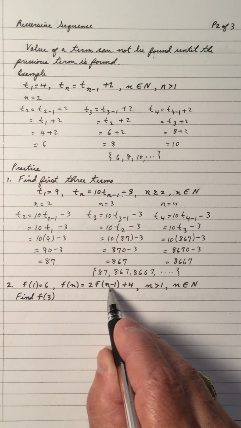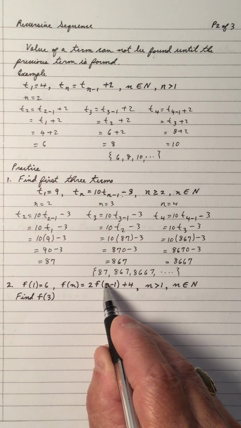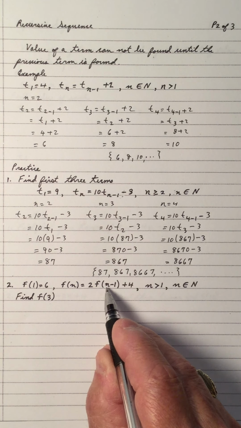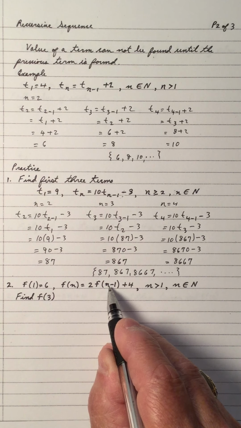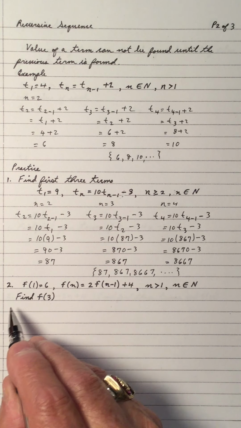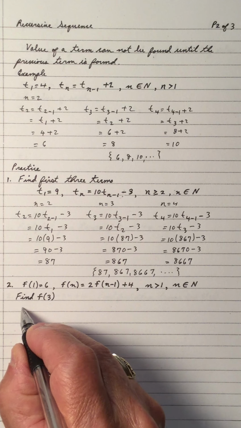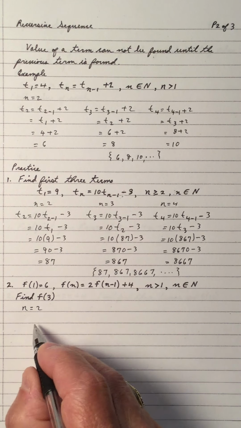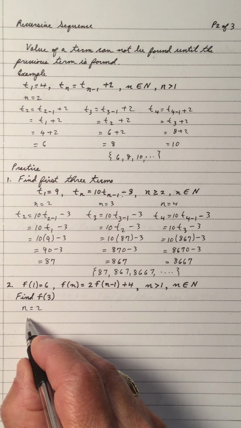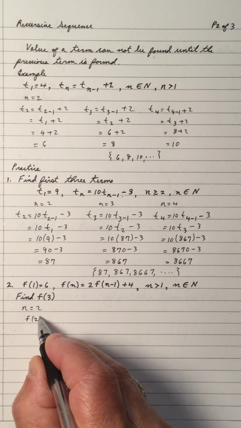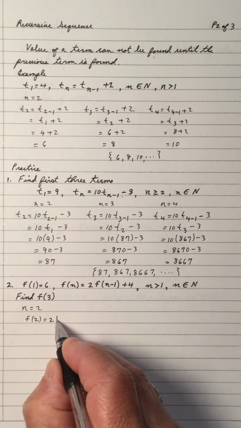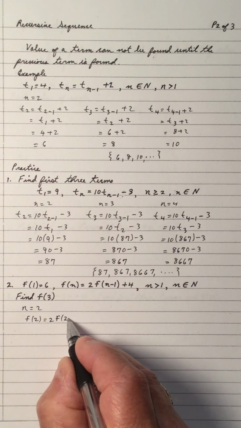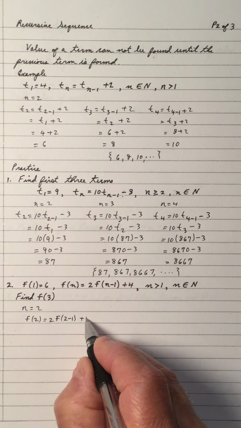If I put 3 right here, I get 3 minus 1 is 2, but I don't have f of 2. So I have to do n is 2 first. So f of 2 is 2 times f of 2 minus 1, plus 4.